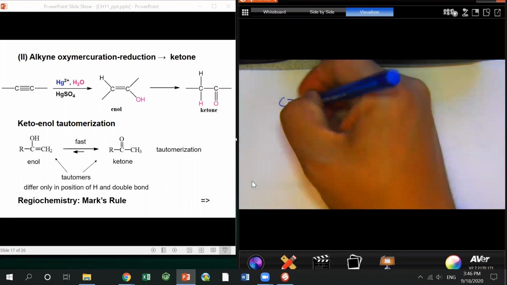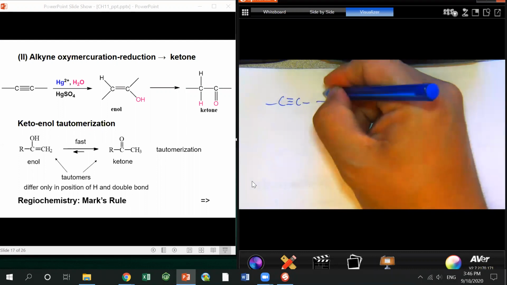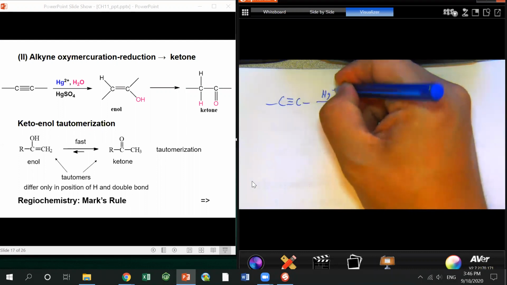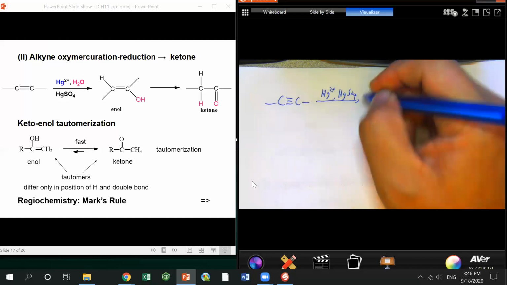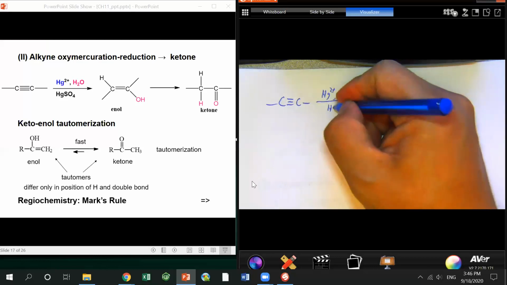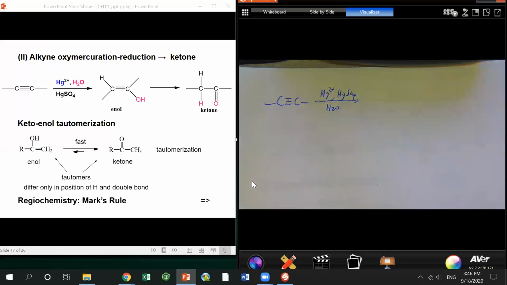We have this as an example. If we apply similar reaction conditions, mercury two plus, mercury sulfate, and then water, this one is pretty symmetrical, so it doesn't matter where the OH goes and where the hydrogen goes.